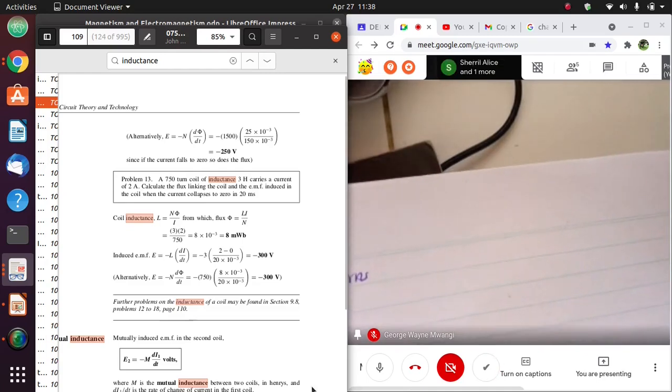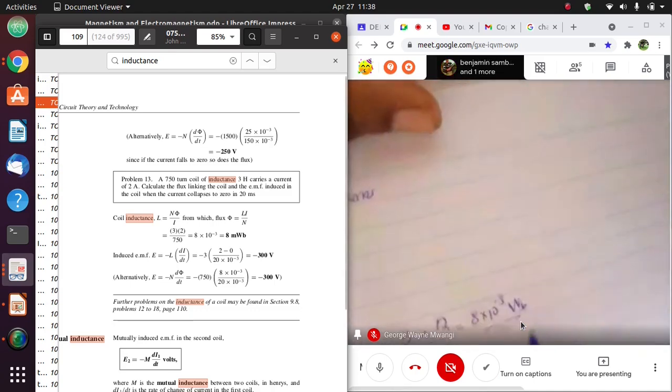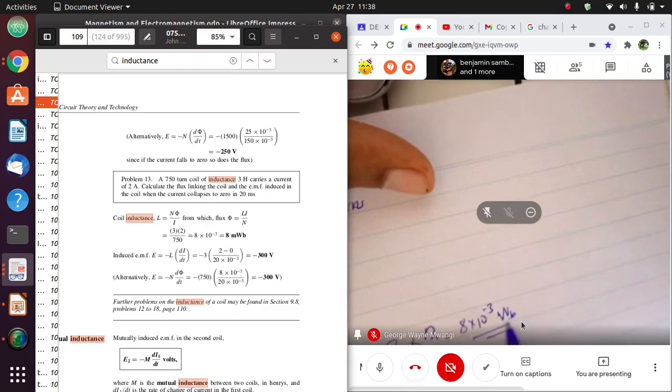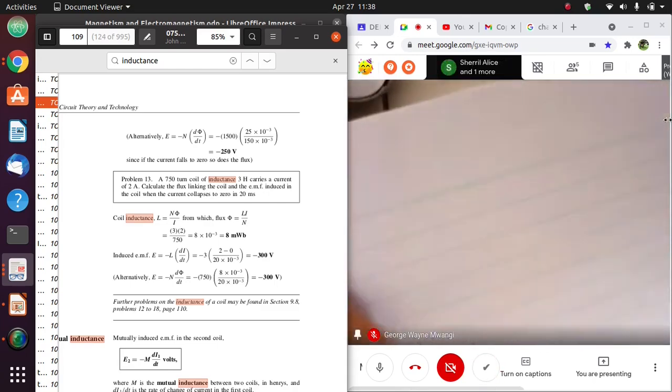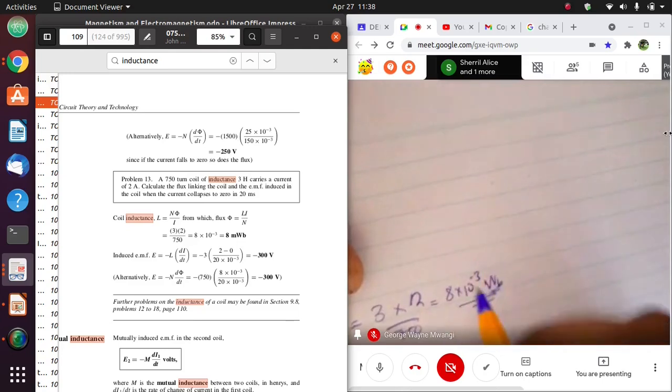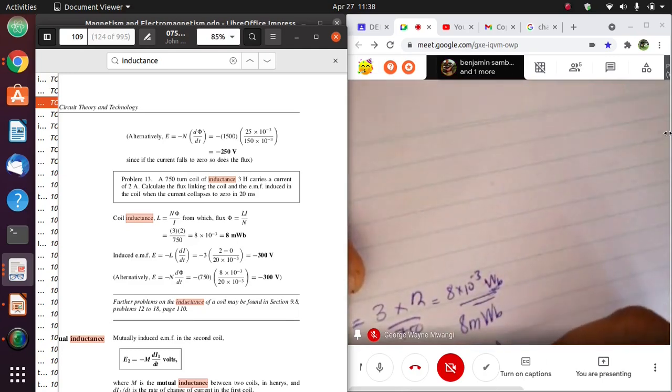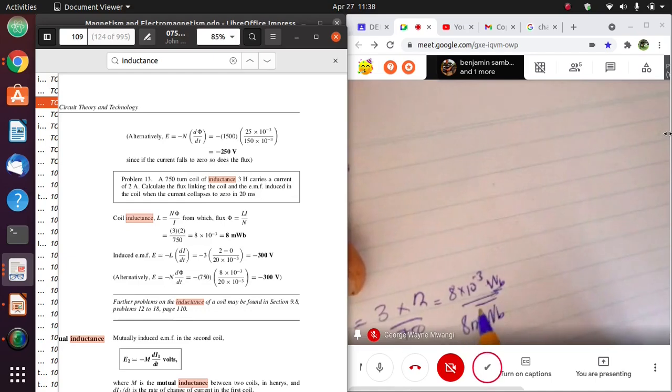Yes, 8 times 10 raised to power negative 3, but the value is in Weber, so not milliweber. If you want to change now to milliweber, you multiply by 1,000 to get 8 milliweber. Benjamin, it is 8.